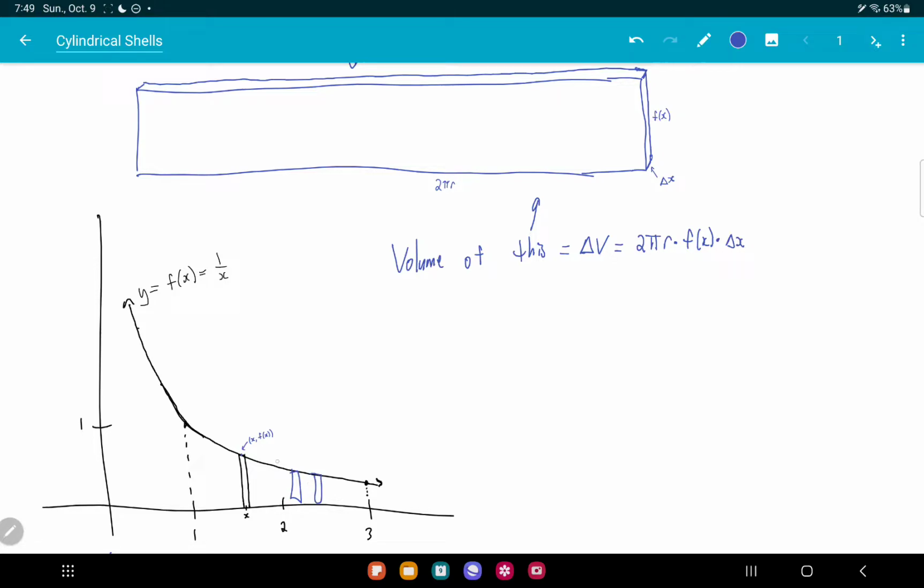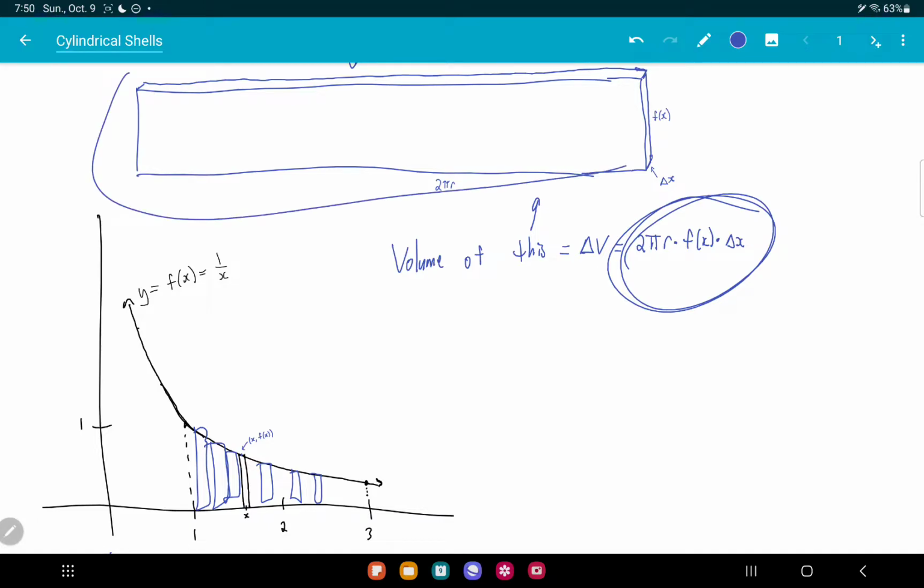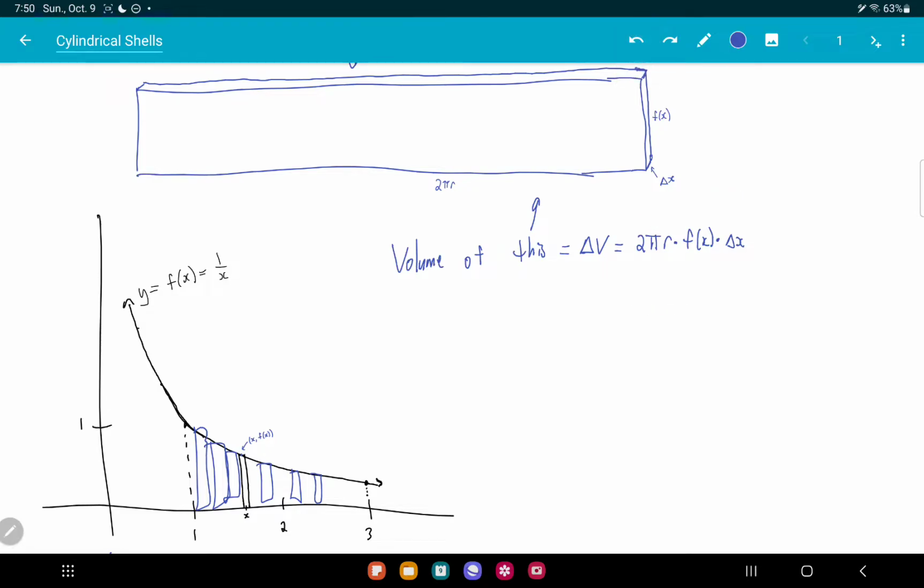So you got rectangles all through this region. You fill it in a reasonable way. And then you find the volume of the solid obtained from each rectangle. And then you're going to add them all up, right?